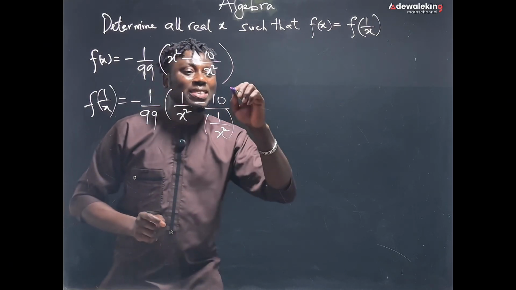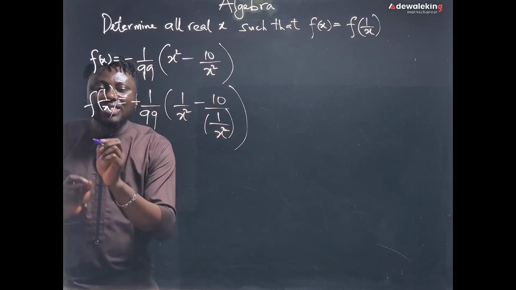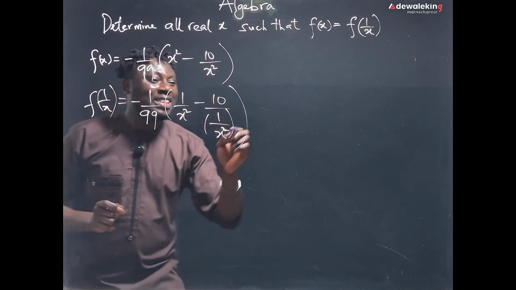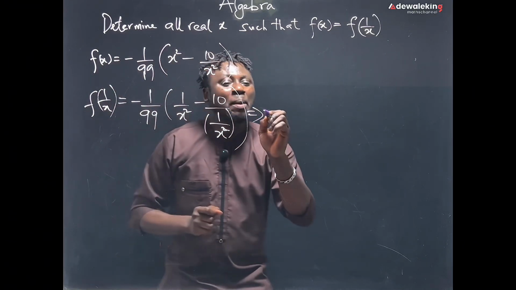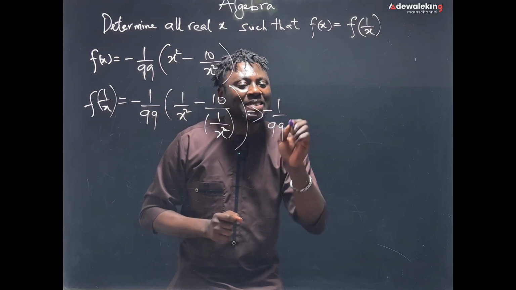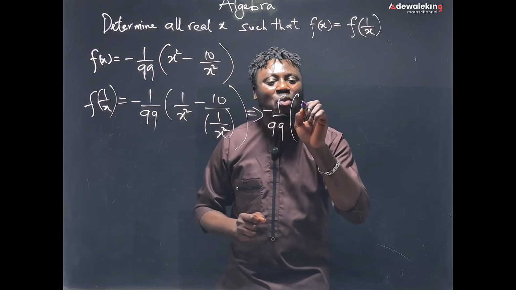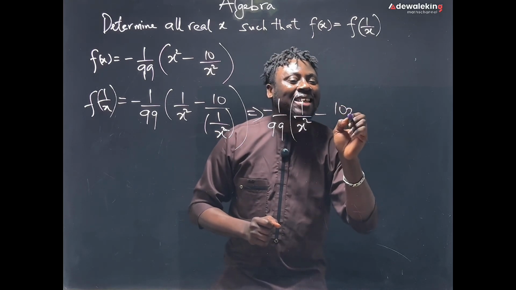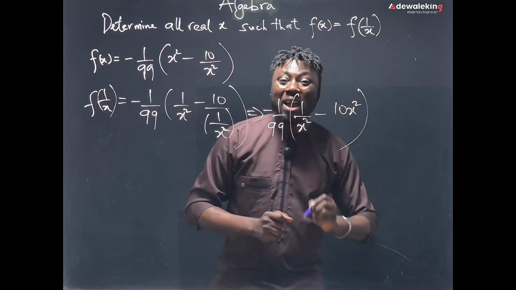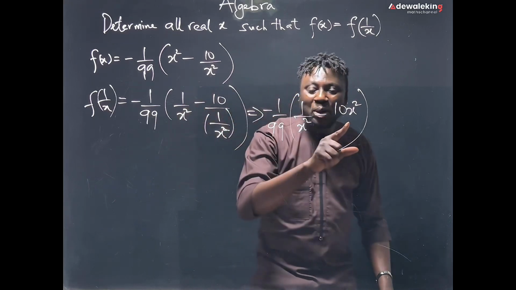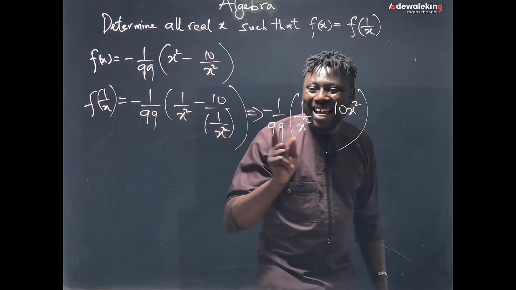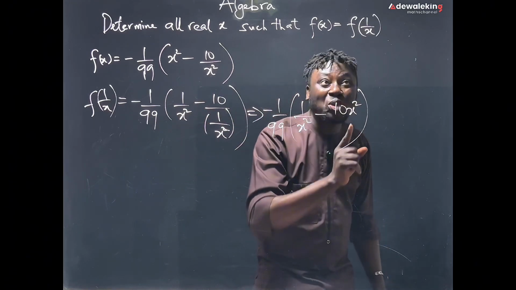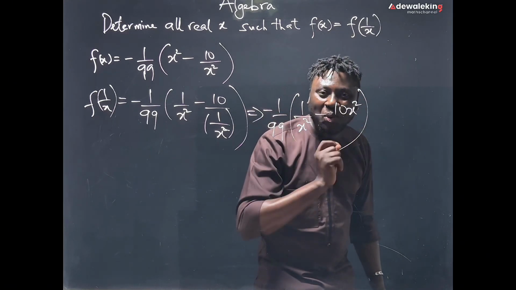From here, we can say that this expression is the same thing as minus 1 over 99 open bracket 1 over x squared minus 10 x squared. So this becomes this, and we have a new function for f of 1 over x.